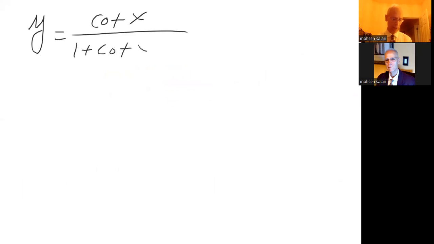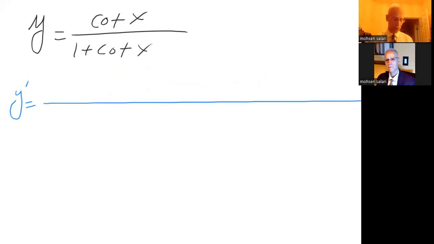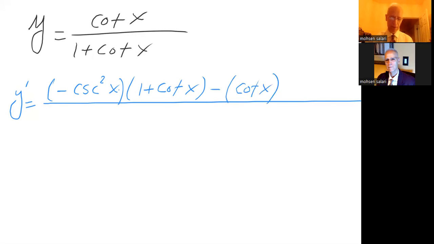So I have y equals cotangent of x over 1 plus cotangent of x. So y prime equals, let me try to write smaller so I don't get out of the page. The derivative of top is, derivative of cotangent of x is minus cosecant squared of x times 1 plus cotangent of x, then minus the top untouched times the derivative of the denominator.